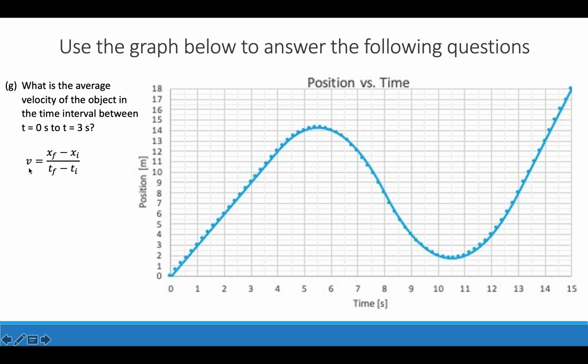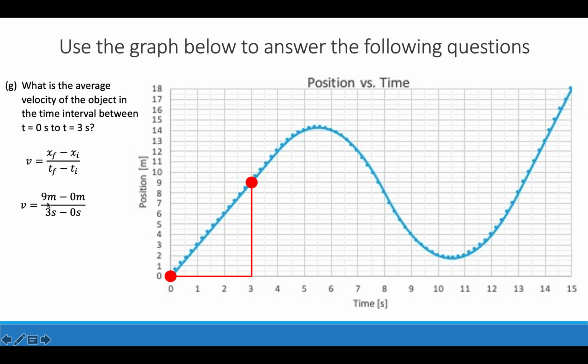If we want to know what the average velocity is of an object between two different time intervals, the average velocity is just the final position minus the initial position over the final time minus the initial time. So here I would go to 0 seconds and I would go to 3 seconds on my graph. And so my final time is 3, my initial time is 0. My position at 3 seconds is 9 meters, and my position at 0 is going to be 0.